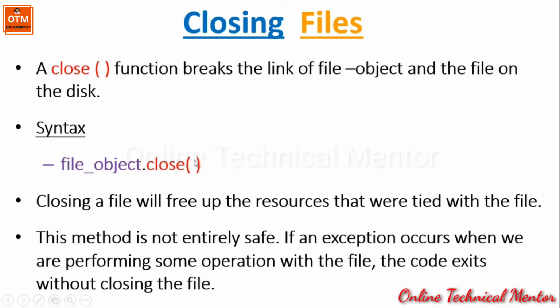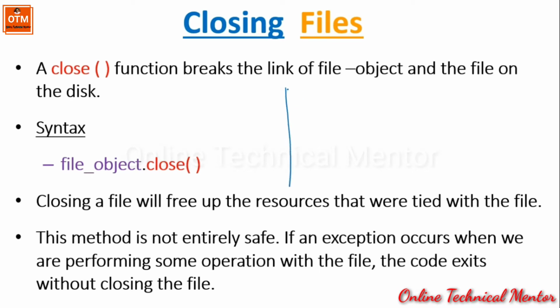This close function has a different utility. It helps to release the resources that were tied with the file. It also helps you to save the file in the permanent storage properly. So when a close function is executed, we are assured that the file is saved properly.